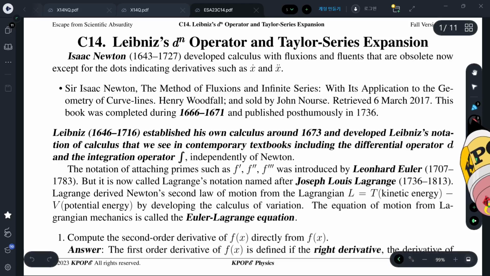Today we study C14, Leibniz Dn operator and Taylor series expansion. Please remember this style of derivation doesn't appear in standard calculus mathematical textbooks. This is a purely physicist way, and it's very practical.